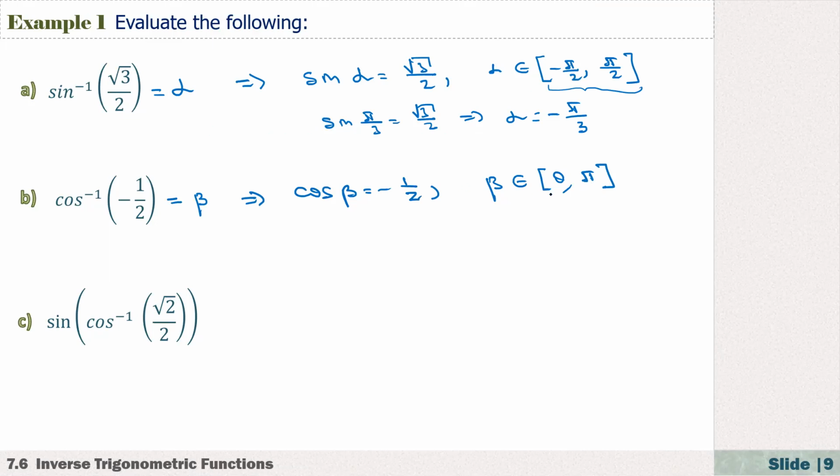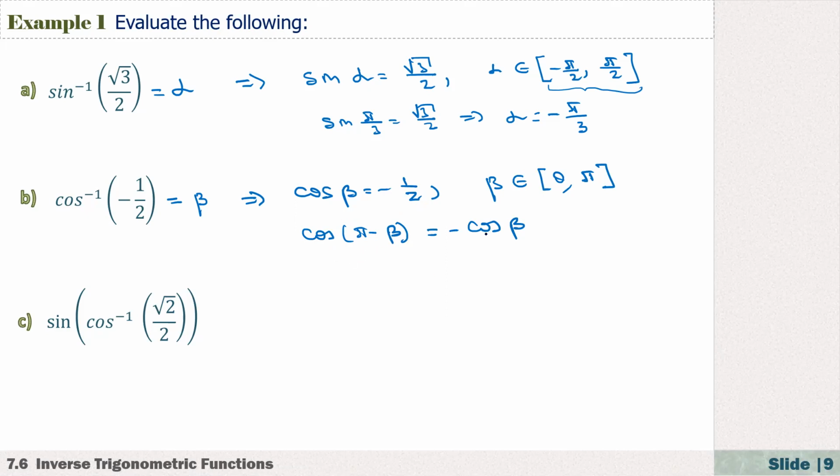We know that in the first quadrant, cosine function is positive. So it's in the second quadrant, and also we are going to use this identity, cosine of pi minus beta is equal to minus cosine of beta, right? So from here, we know the cosine function that's equal to 1 over 2 in the first quadrant when beta is equal to 60 degrees, which is equal to pi over 3. Now from here, what is cosine?